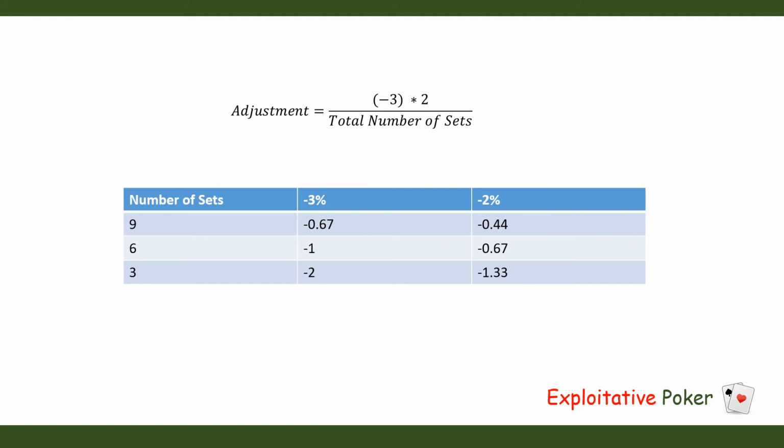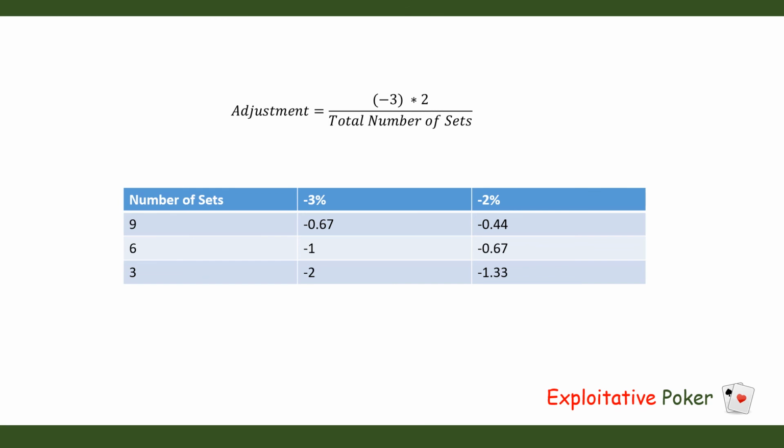So I put the formula in for situations where the formula overestimates your chance by 3% when your opponent has the backdoor flush draw. If you're calculating the adjustment for the straight draws where the overestimate is potentially 2%, you would just have to change the minus 3% in the formula to minus 2%.